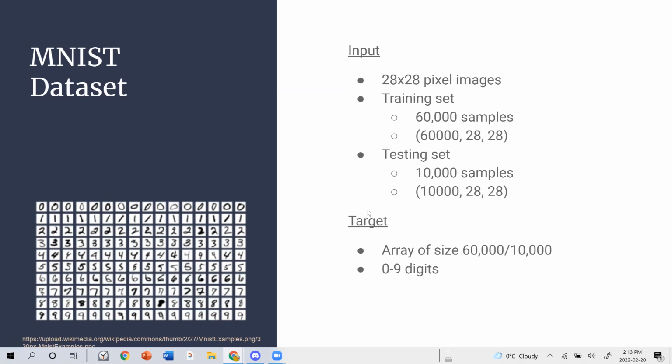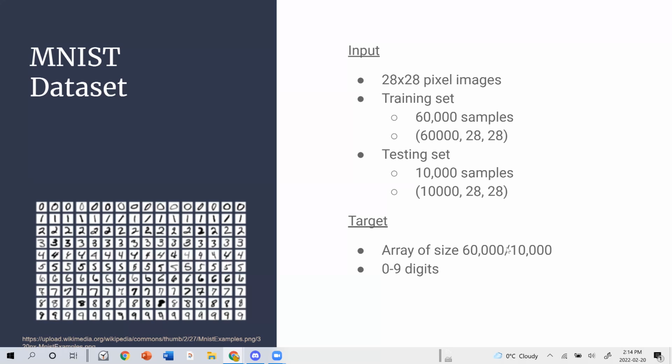Of course, there are also the targets, right? When we train, we have to know the answer key of some sort. So as an example here, if you have a 0, then the corresponding label or target should be 0 as well. This is an array of size 60,000 or 10,000, depending on whether you're looking at the training set or testing set, so it has a target for each image.